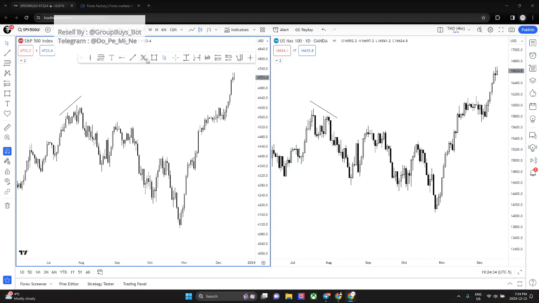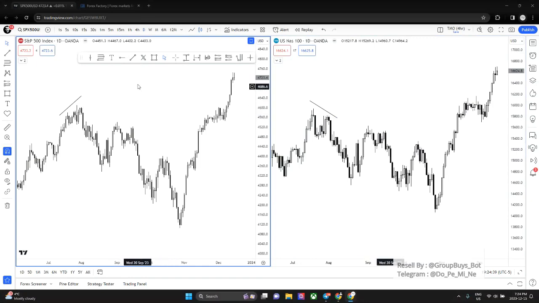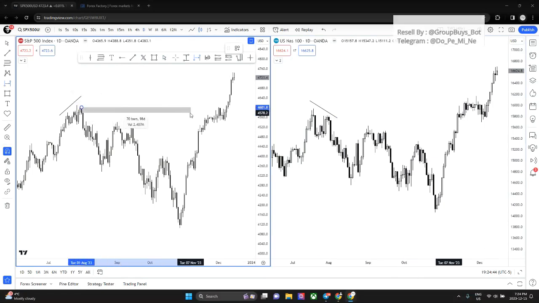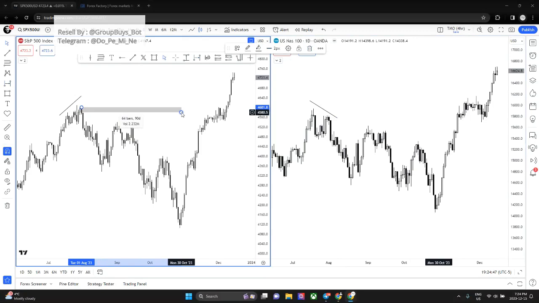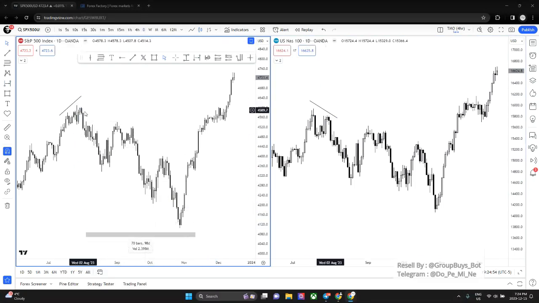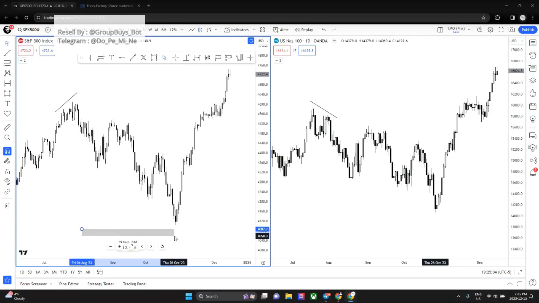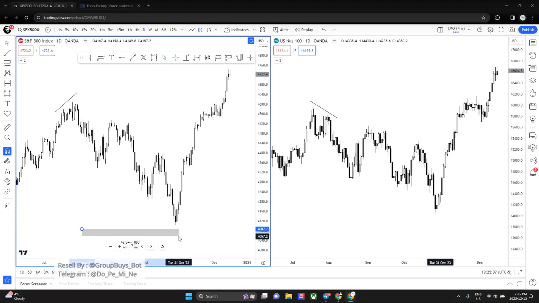Remember, every 3 to 4 months, which is approximately every 60, 70 trading days, you have a different quarterly shift. So when you do this right here, you see that price fell until it reached around this period of time, which is exactly 60 days.